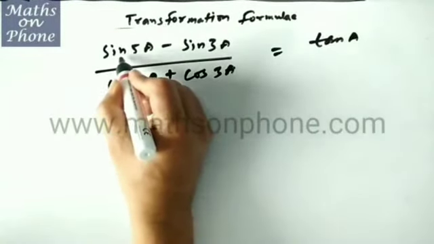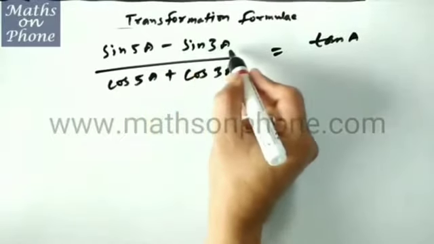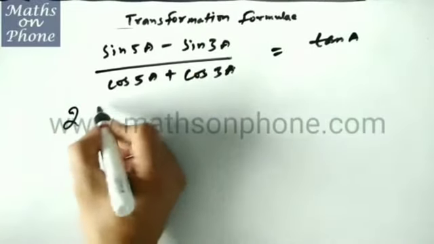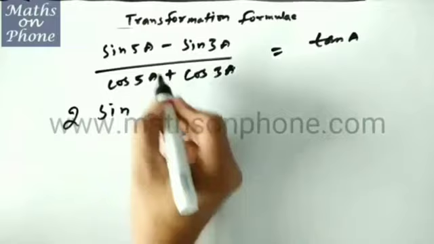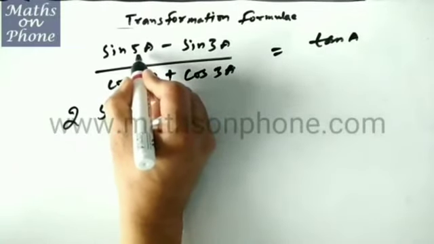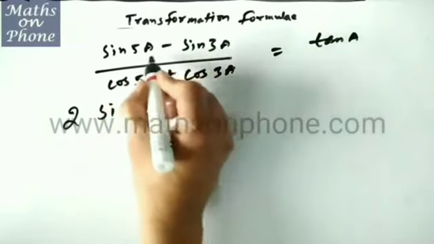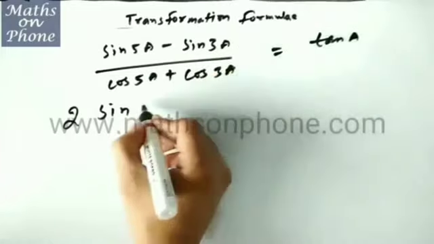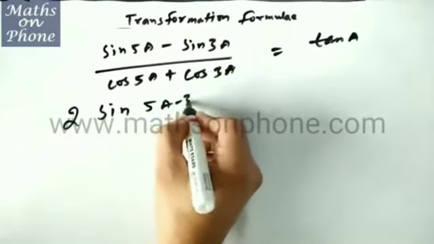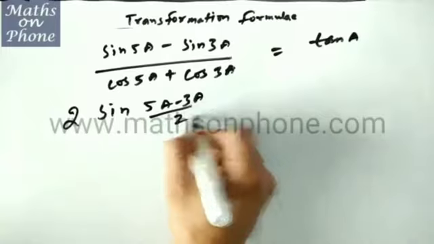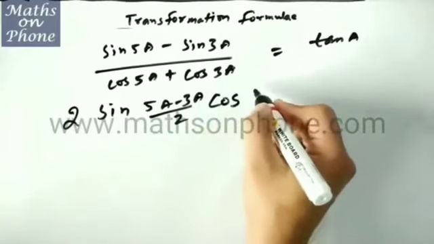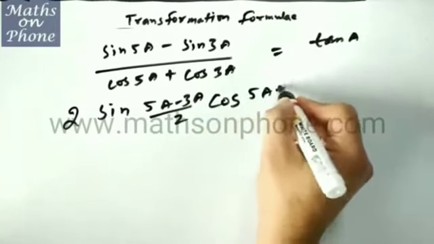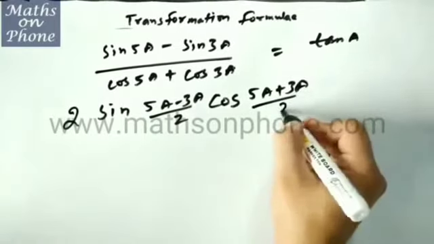It is in the form of sine C minus sine D. So the formula will be 2 sine (C minus D) by 2, that means (5a minus 3a) by 2, into cos (C plus D) by 2, (5a plus 3a) by 2.